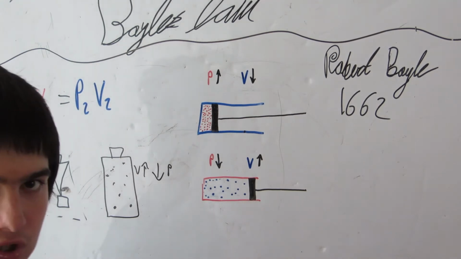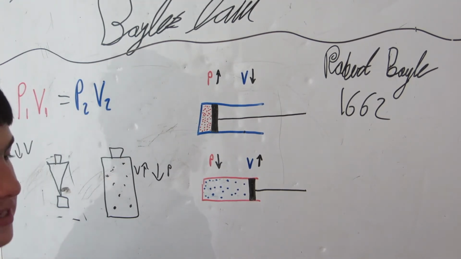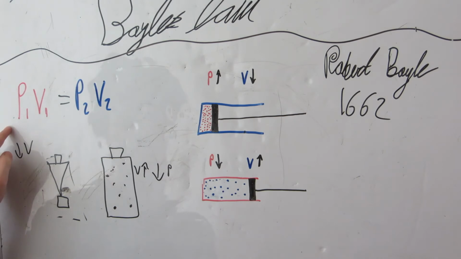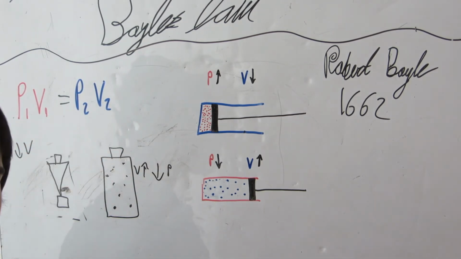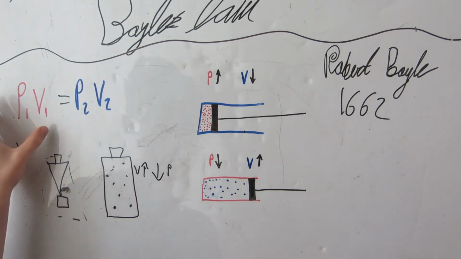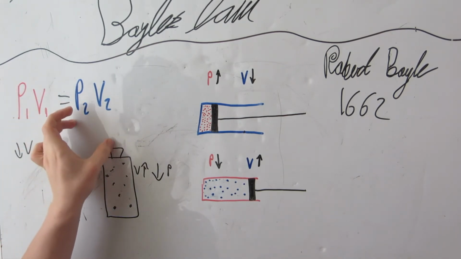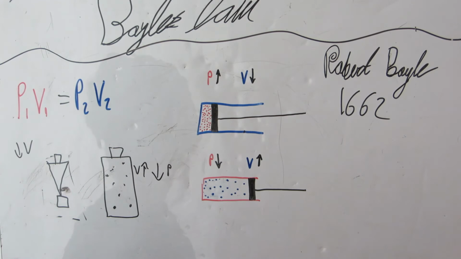Now when we talk about Boyle's law, what does it talk about? It's simply this formula: P1 times V1 equals P2 times V2. What does that mean? It means the change on that side will equal the change on the other side, of either pressure or volume.